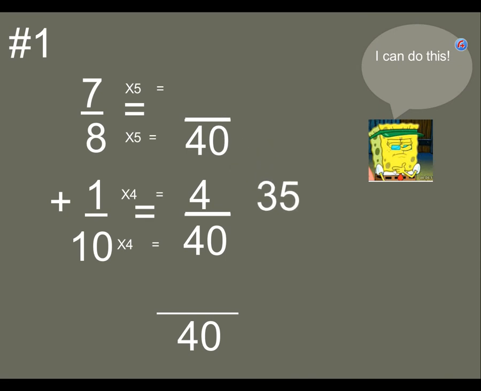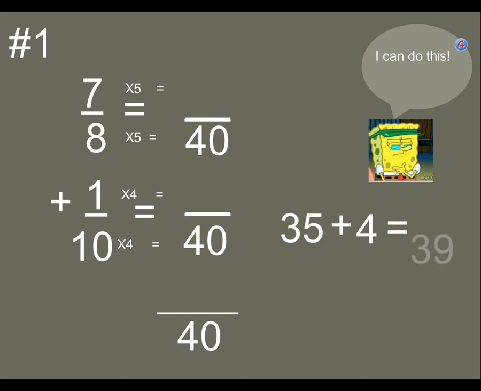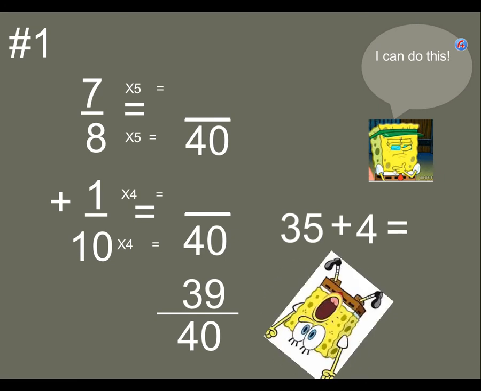A lot of people would have put 80, but it's not wrong, it's just too high. And then they go over there, and then the 4 goes over there, then you add it, and then the answer would be 39, then the 39 goes whoosh, and then you got your answer. SpongeBob does a happy dance.